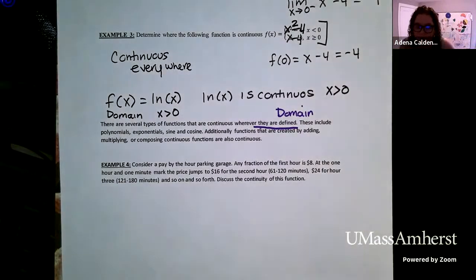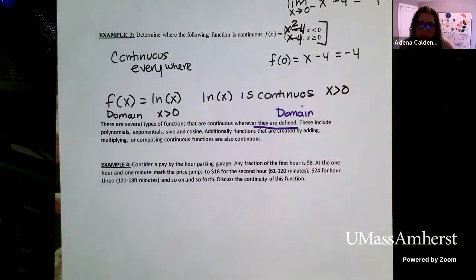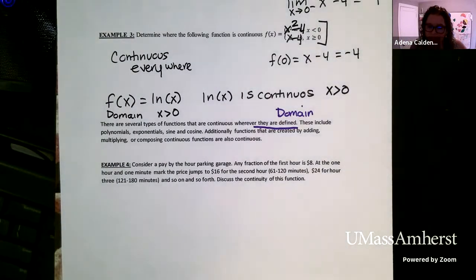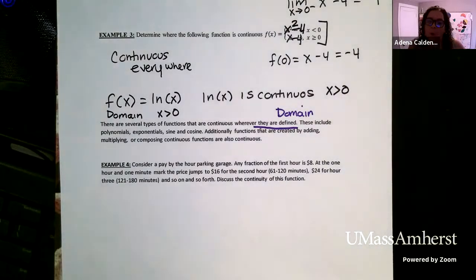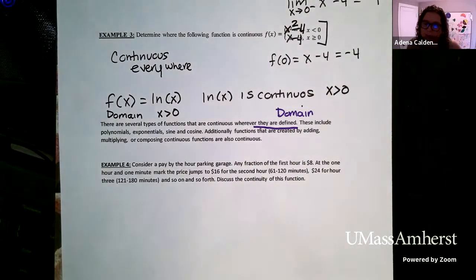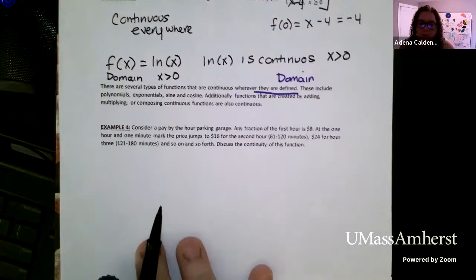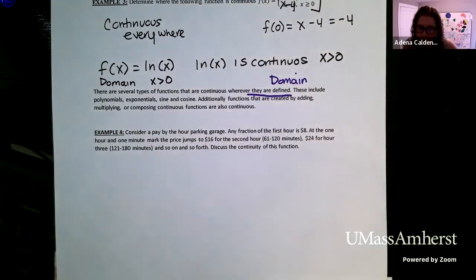So what I would like you to do is try to draw a picture of what this might look like, roughly, okay? And then discuss from that picture, what is the continuity of this function? So where is it continuous? Where is it not continuous? I want you to think about what the picture would look like. I want you to label the axes, okay?